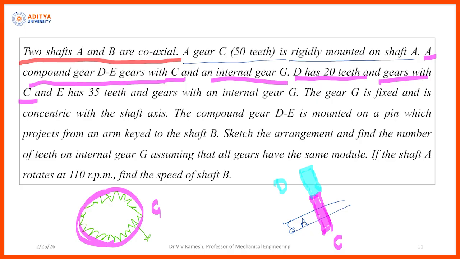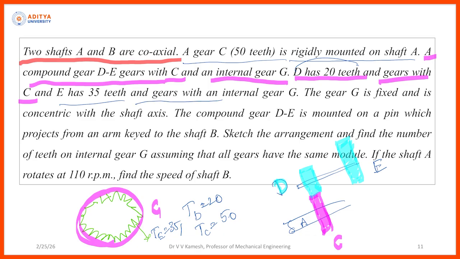Now, this is the compound gear and here I am having E. So, this is gear D, this is gear E. Now, I have TD given as 20, TC is given as 50, number of teeth. E has 35 teeth, TE is equal to 35.